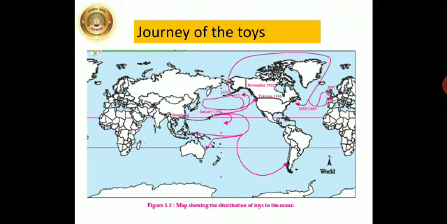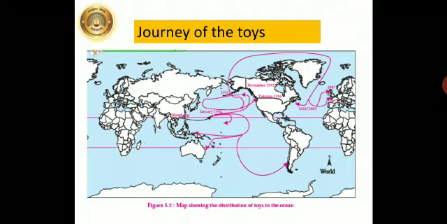And some of the toys had reached the European coast by 2007. Now the container had broken in the year 1992 and the toys were traveling up to 2007. From the Hawaii Islands, some toys took the route to Australia.